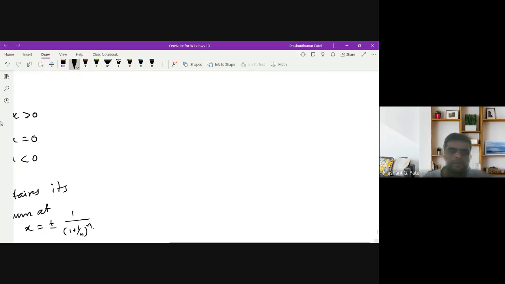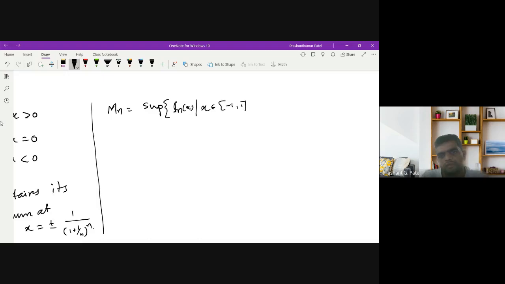Let me do it here. So what is Mn? Mn is the supremum of Sn of x, as x belongs to minus 1 to 1. But the supremum of Sn(x) is nothing but the Sn at 1 upon (1 plus 1 by n) power n.